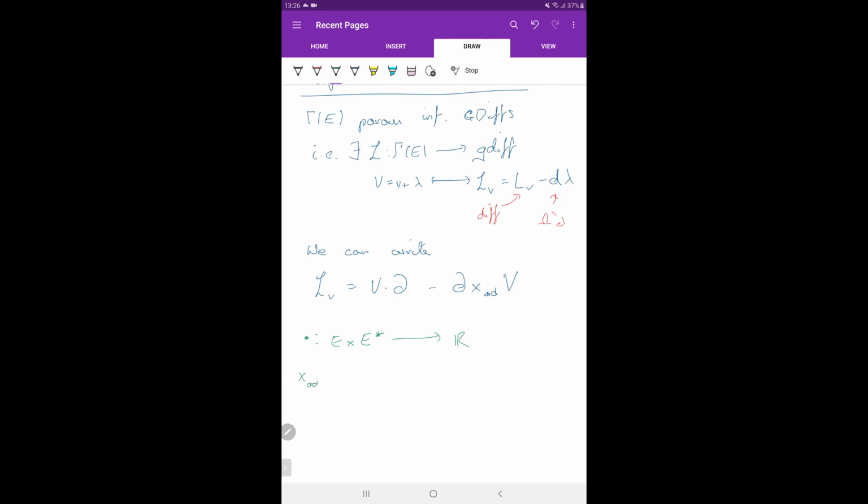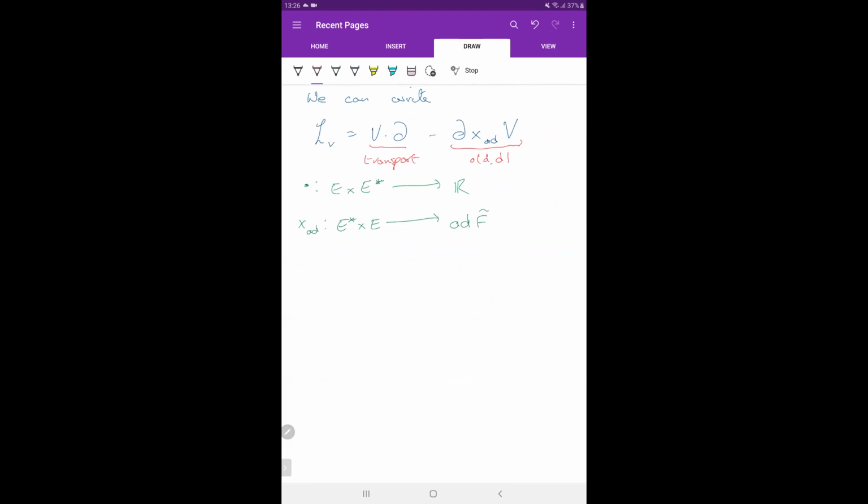And the cross add is a projector from E star cross E to the adjoint bundle. So you'll see this bit looks a little bit like a transport term. And this bit now is an ODD piece. And if I were to write this in indices, like copying what Chris did yesterday, you'll see that you can write this like this.